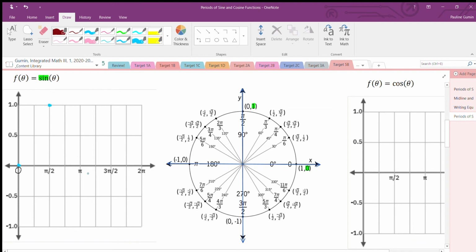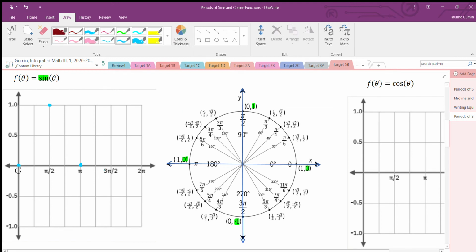All right, let's continue. Next, I have pi. At pi, my y-coordinate is 0. All righty, let's plot it. Next, I have 3 pi over 2. Perfect, perfect. My y-coordinate is -1.